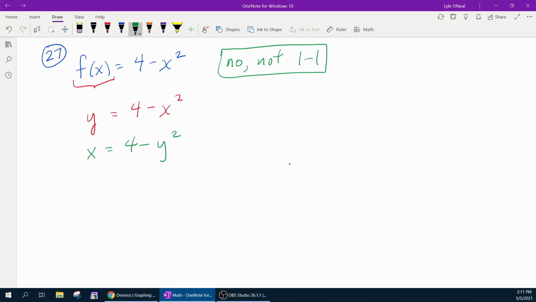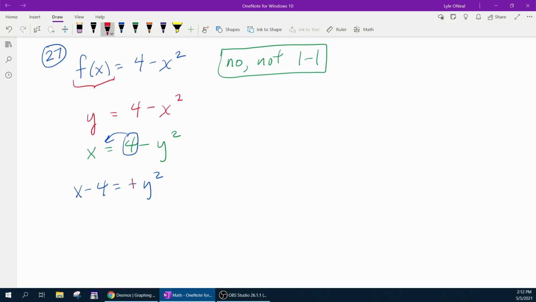And the third S is solve. What are we going to solve for? We're going to solve for y. So now I need to get the y by itself. We're going to take the 4 and bring it over. x minus 4 equals negative y squared. The y squared cannot have the negative, so I'm going to need to change the sign.